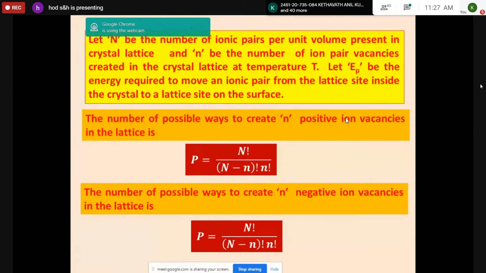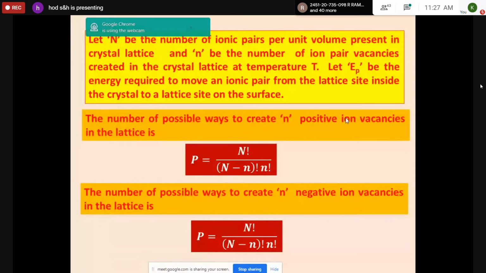As in the first derivation, capital N is the number of ionic pairs present per unit volume at any temperature T, and at that temperature, let small n be the number of ion pair vacancies created. EP is the energy associated to move an ionic pair from lattice inside to the surface of the crystal lattice. So the number of possible ways n positive ion vacancies can be created is N factorial by (N minus n) factorial into n factorial. Also, the number of possible ways the negative ion vacancies can be arranged is N factorial by (N minus n) factorial into n factorial.